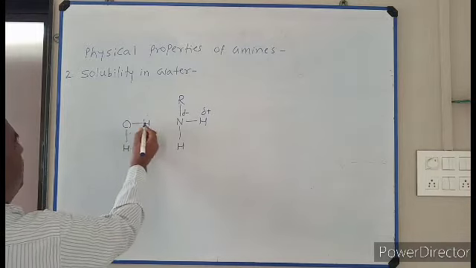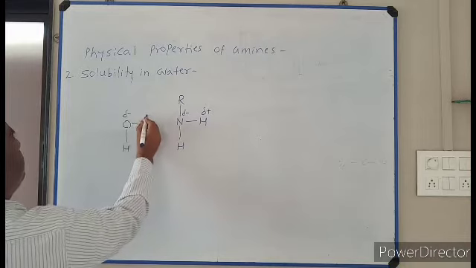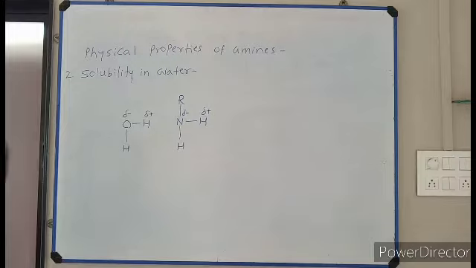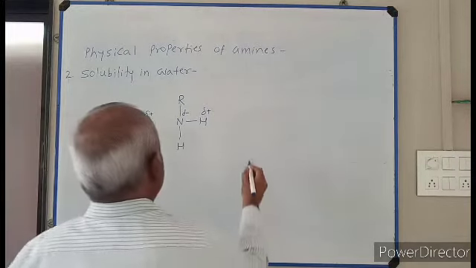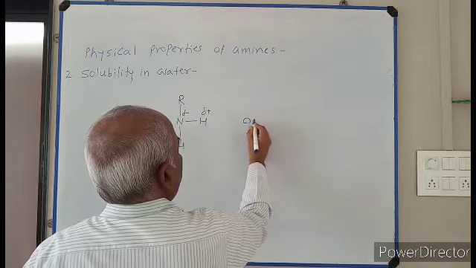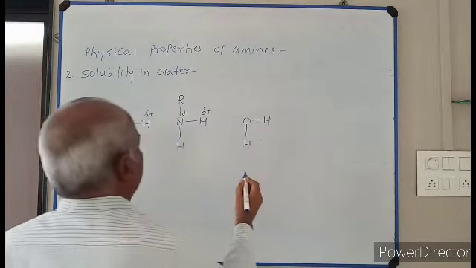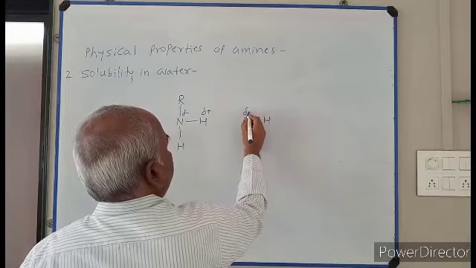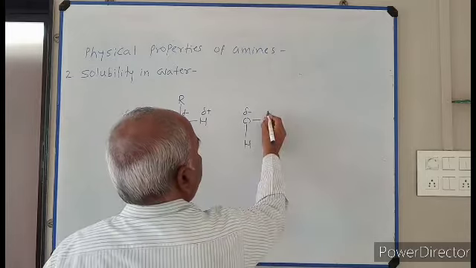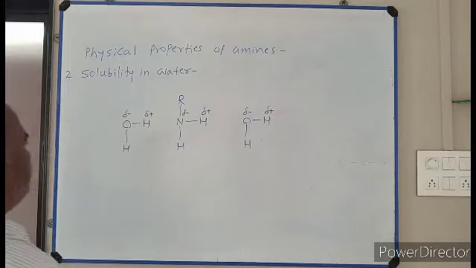The OH bond is also polar. Oxygen acquires delta negative charge, hydrogen acquires delta positive charge. Similarly, I write another water molecule, O, single bond H, single bond H. Oxygen acquires delta negative charge because it is more electronegative, and hydrogen acquires delta positive charge.